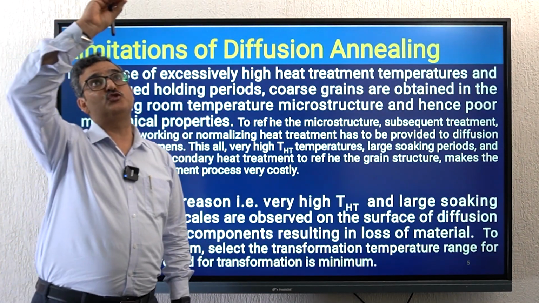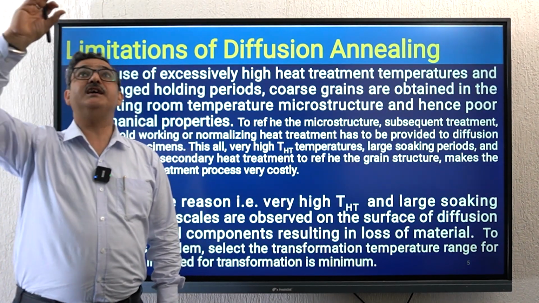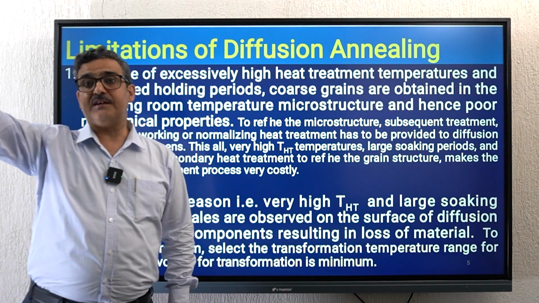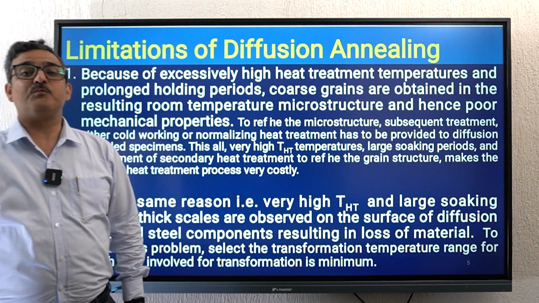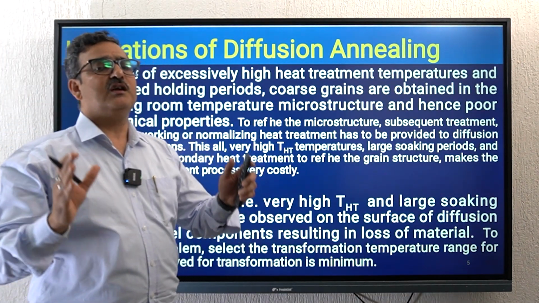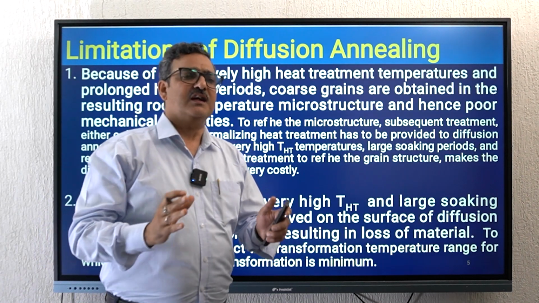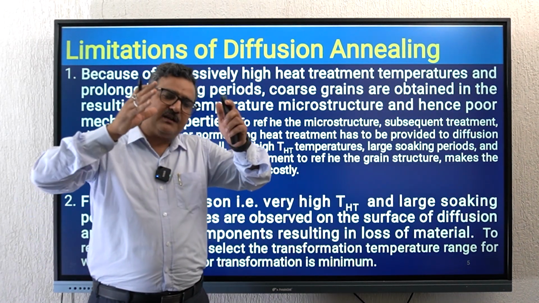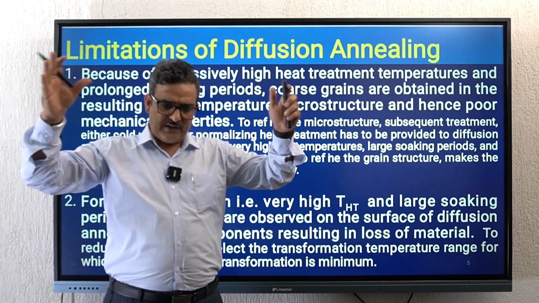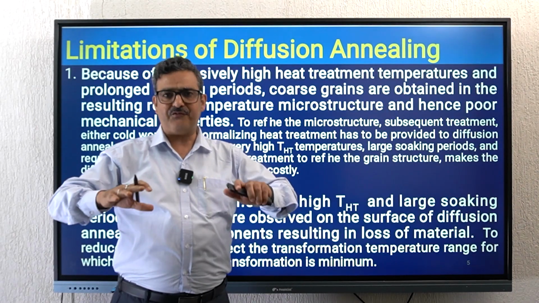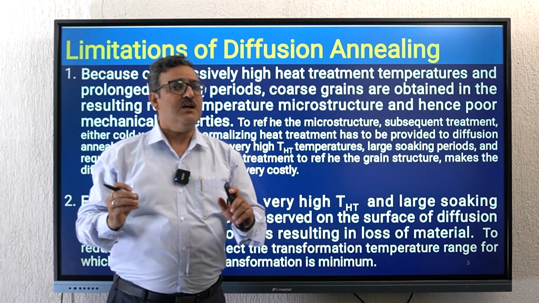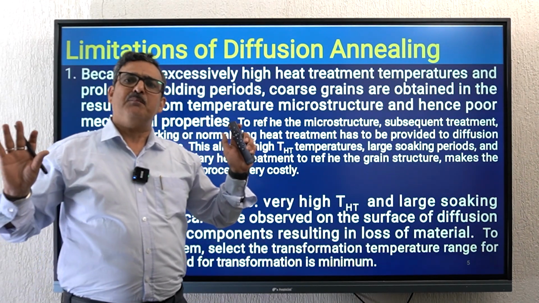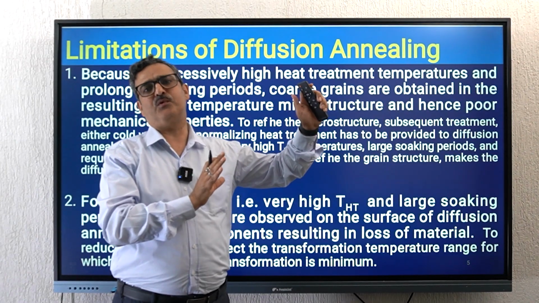And finally, you have to slowly cool the steel right from that high temperature till austenite transformation is complete. Because of all these reasons, students, excessive coarsening of the grains will take place. So the final microstructure that you will get after diffusion annealing would be free from coring, but it would have all other types of problems in it.